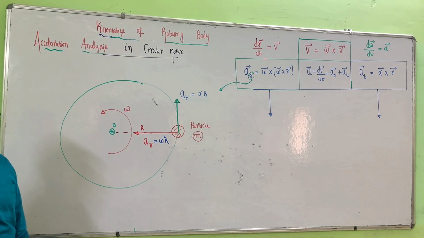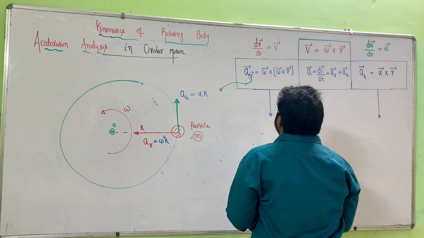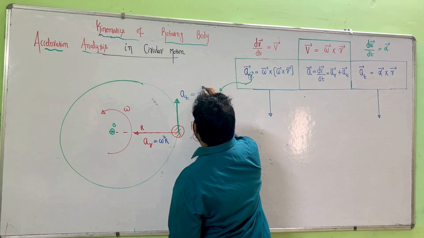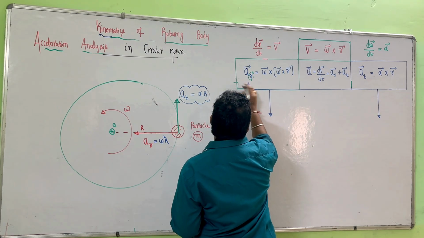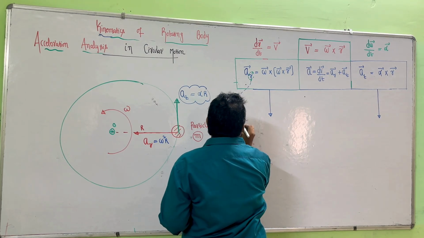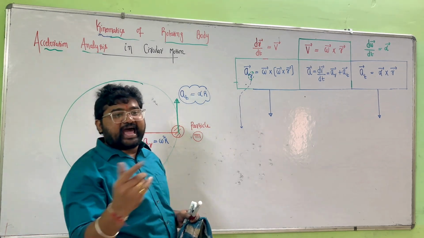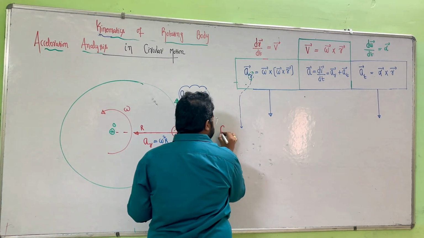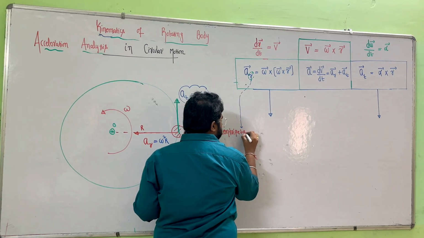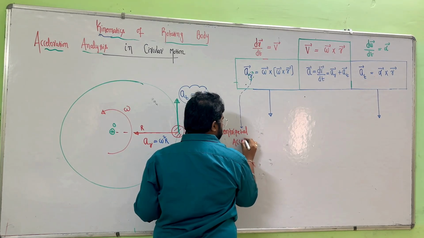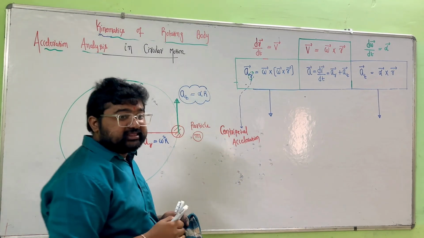Are you following? Now, opposite to the direction of this, radial acceleration is called centripetal acceleration.